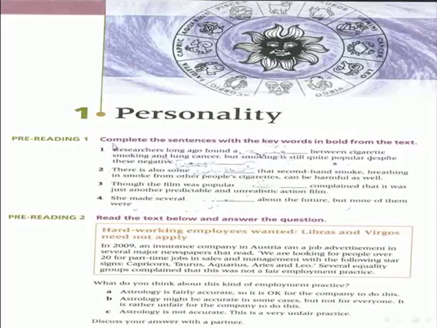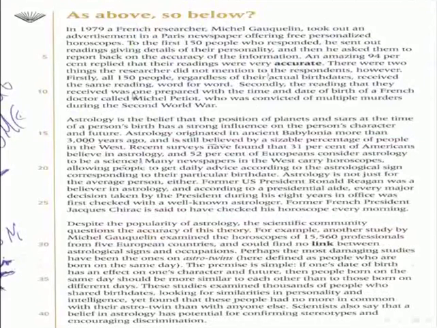For example, complete the sentences with the keywords in bold from the text. So, that means what? You read the questions here, and then you go to the text. You find words in bold. Let's have a look at the text first, in next page, right? Here, this is the page. Here, we have the first word in bold, accurate.